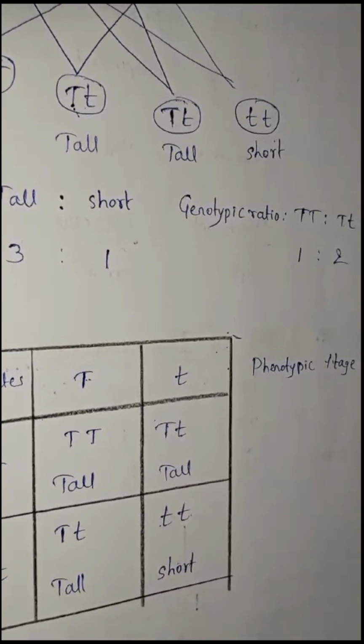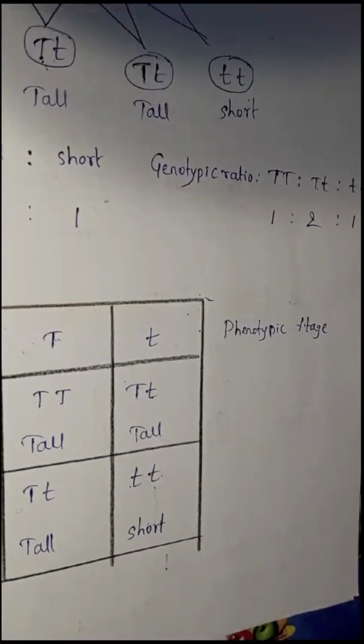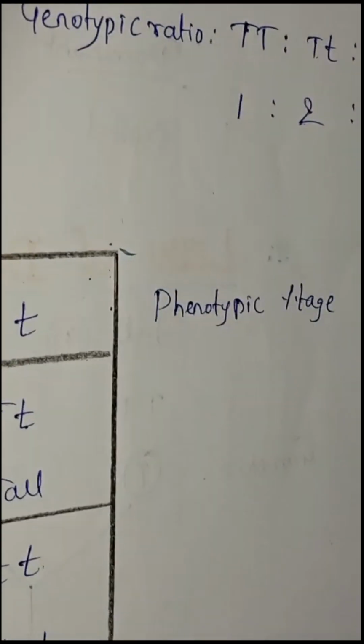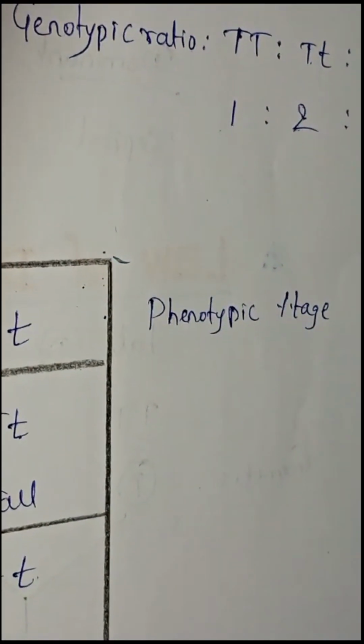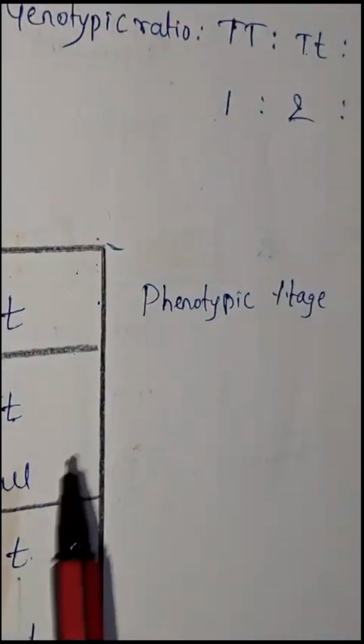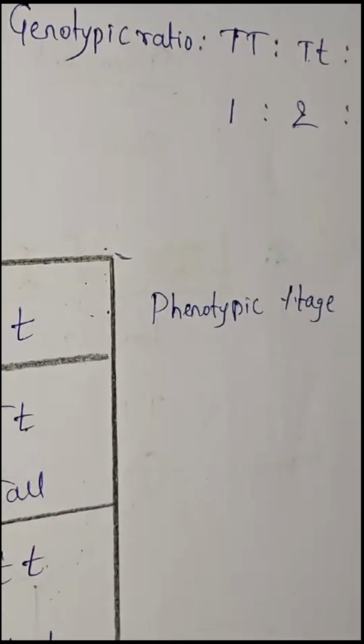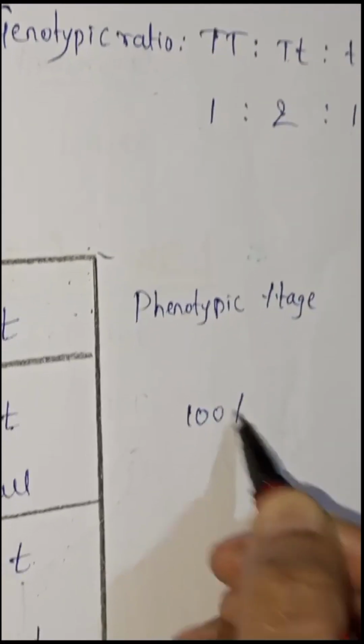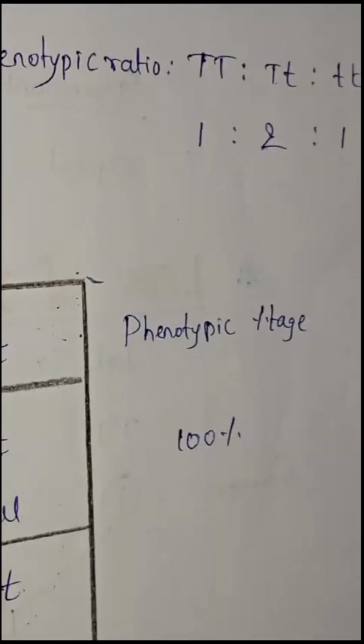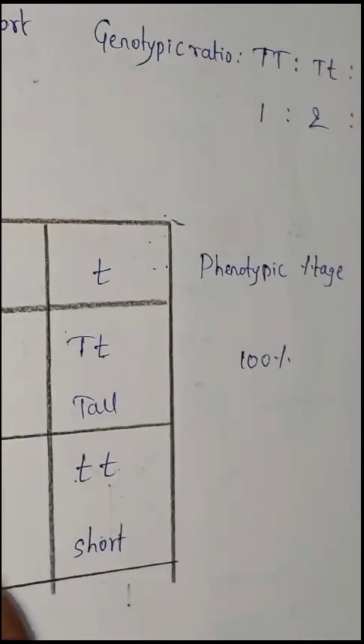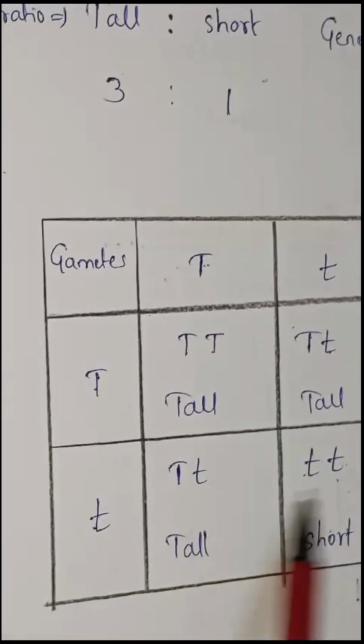Now, what is the phenotypic percentage? What is the percentage of the tall character? For that, we consider this whole box as 100%. Now we have 4 boxes here.